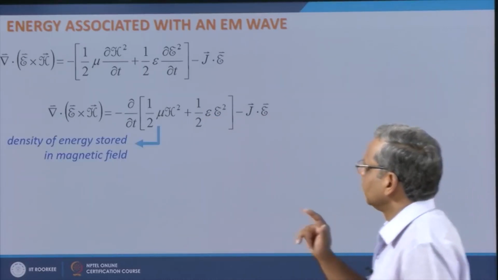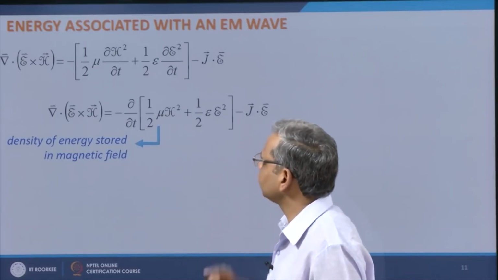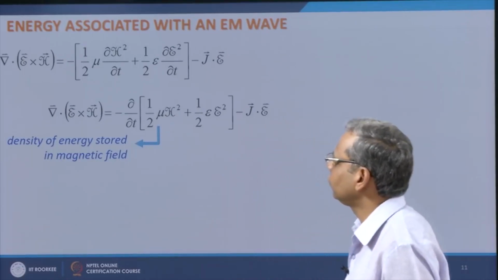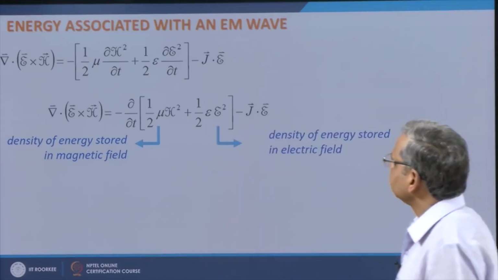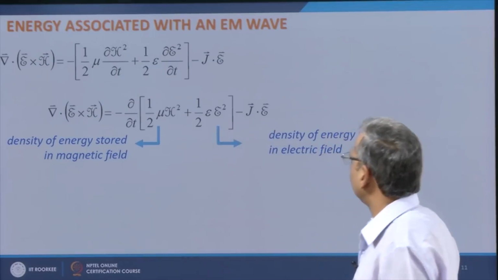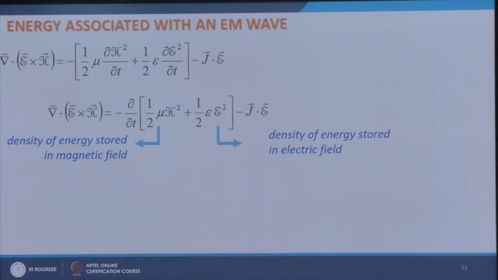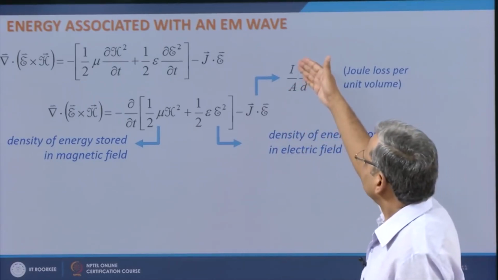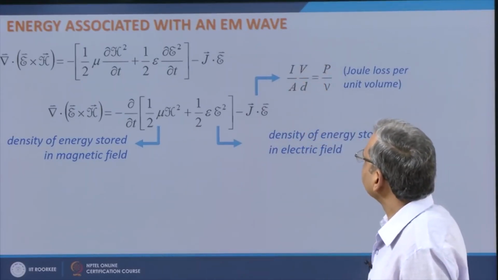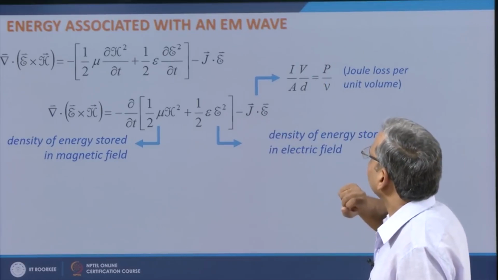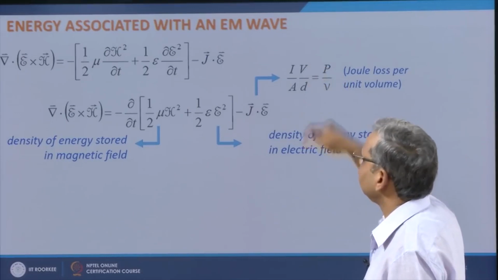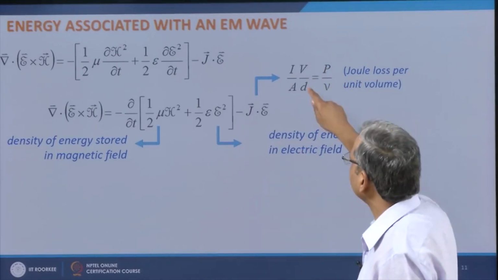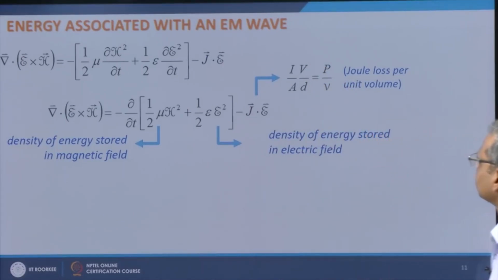What is this? We know that half mu H squared is nothing but the density of energy stored in the magnetic field, and half epsilon E squared is the density of energy stored in the electric field. What is J dot E? J is current per unit area, the current density, and E is volts per meter, potential divided by distance.